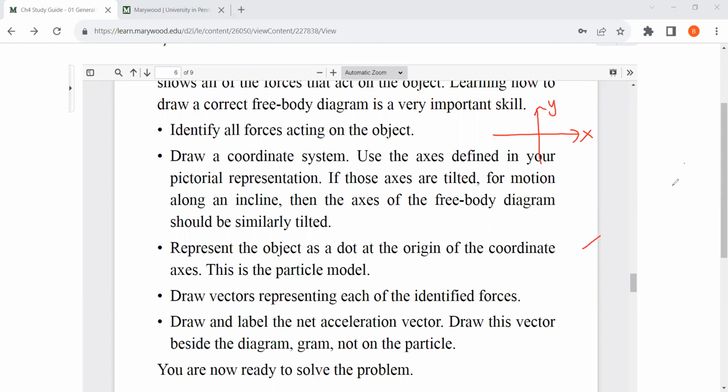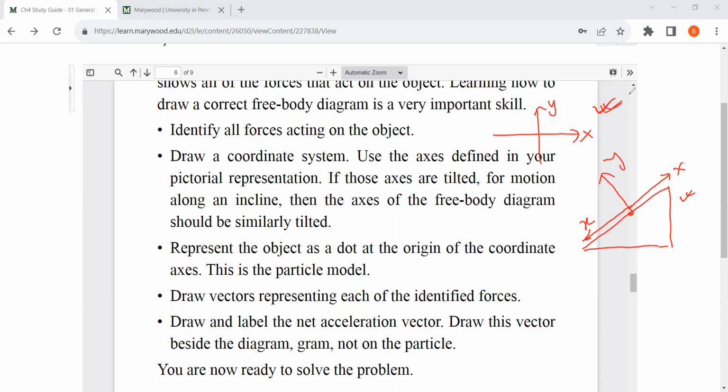Sometimes when the object is on an inclined plane, something like this, then we probably use a different coordinate system, with the y-axis in this direction and the x-axis in this direction. But normally we use our usual coordinate system, something like this.